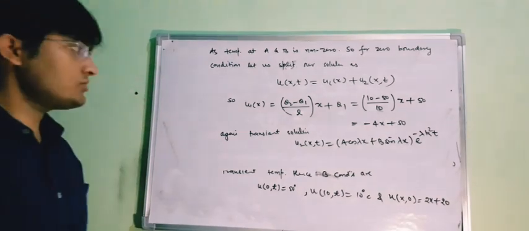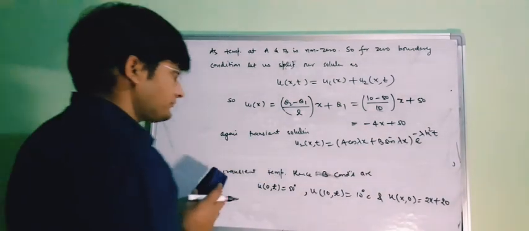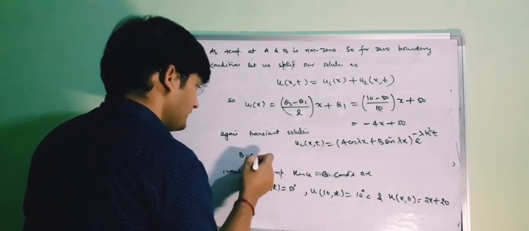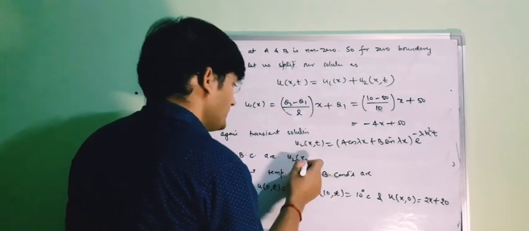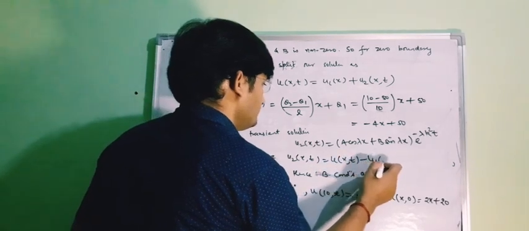So this is your solution for the transient phase, where your boundary conditions are, you see, that the boundary condition for u(x,t) will be u(x,t) minus un(x).